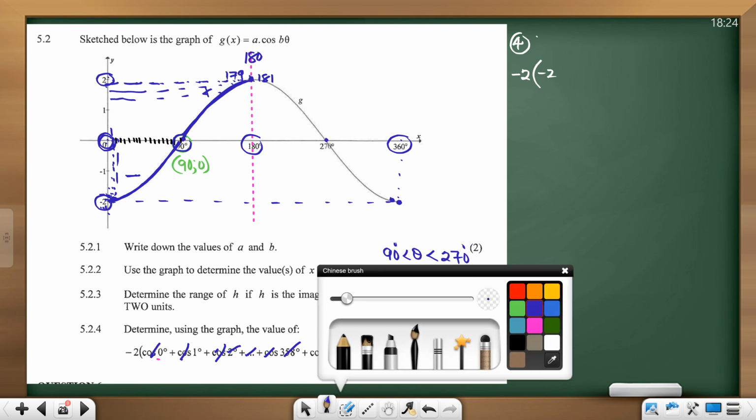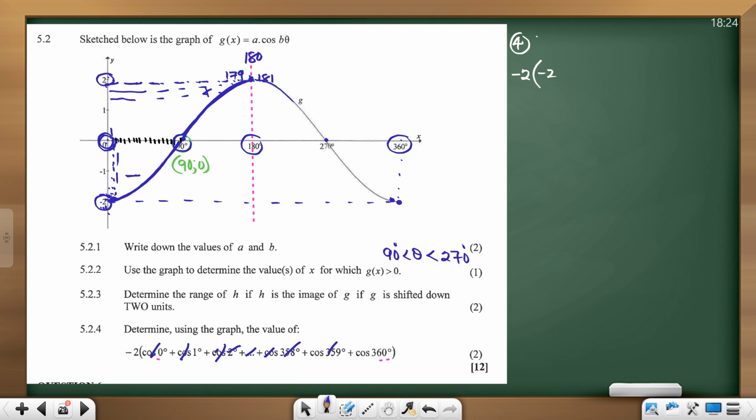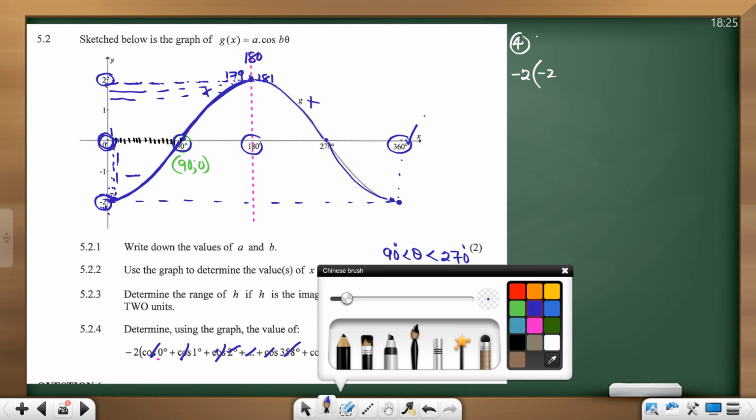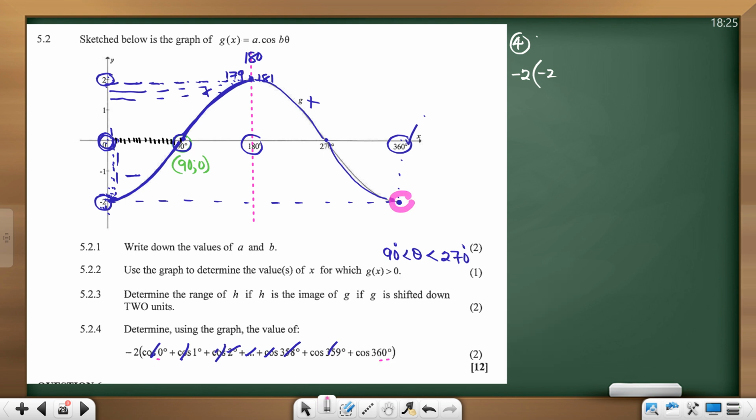All the positive values here would have been removed by all the negative, except for what? 360. It does, yes. The one that should have cancelled out 360 should have been cos 180. But it has been cancelled out by what? By 0.